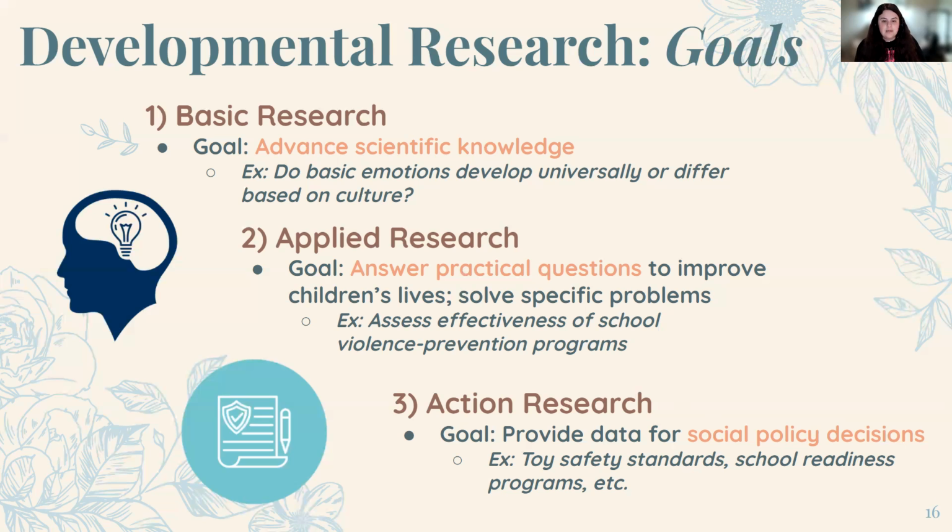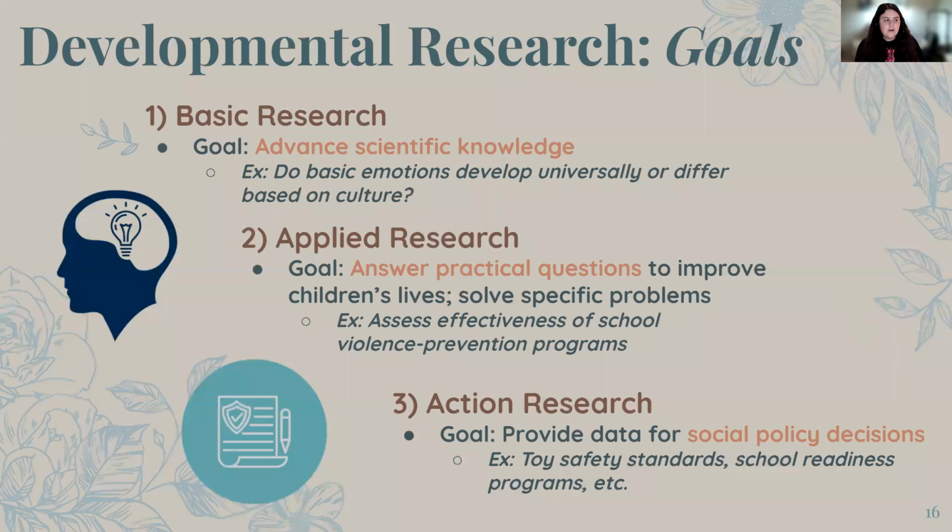So an example would be a research study on toy safety standards or requirements for foster care or school readiness programs. So it's rooted in moving forward social policy decisions. So those are the three primary developmental research goals that we'll talk about.